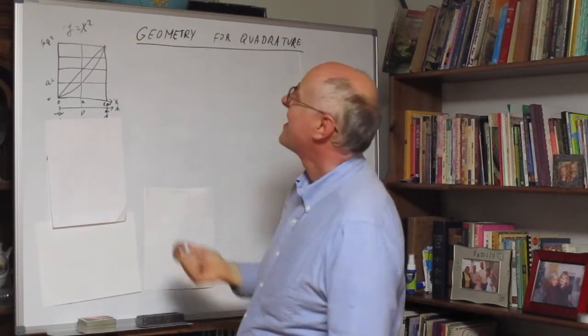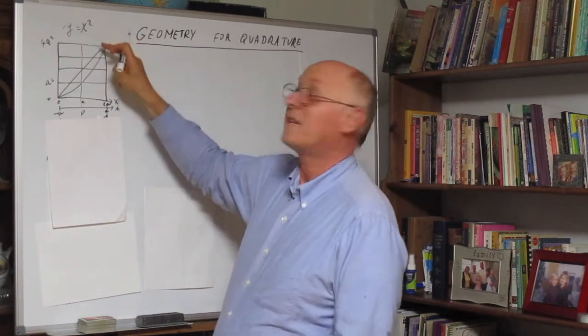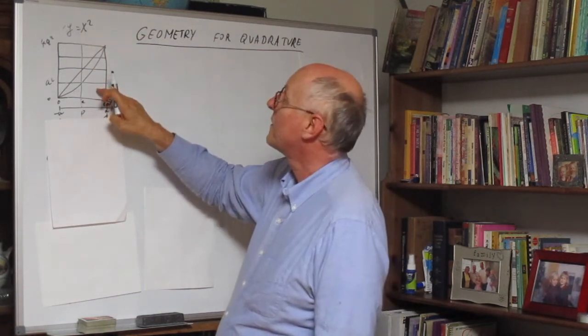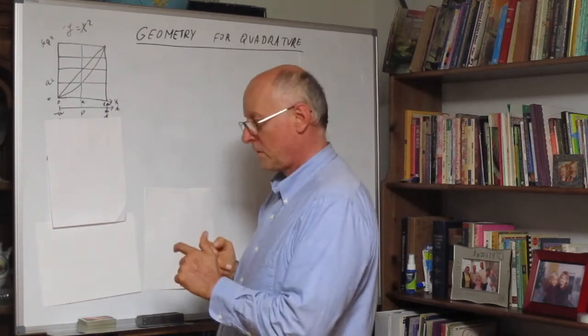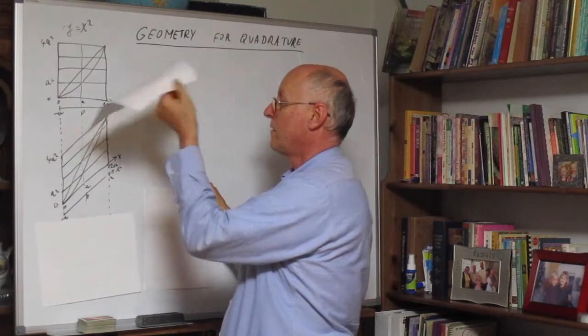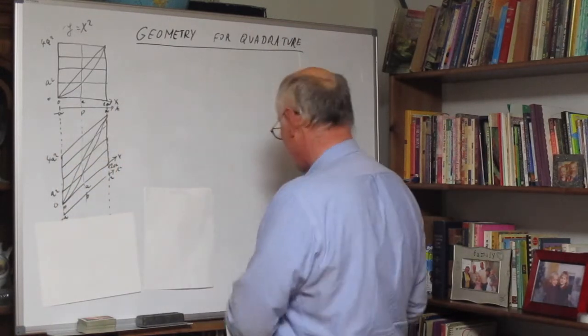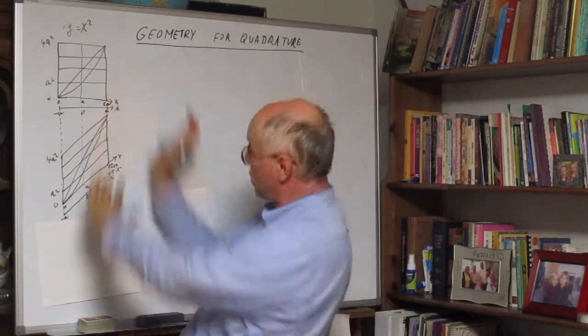But the algebra doesn't dictate that you plot it this way. There's nothing that says you have to plot it that way. As a matter of fact, you can plot it some other way. You can shift things around.